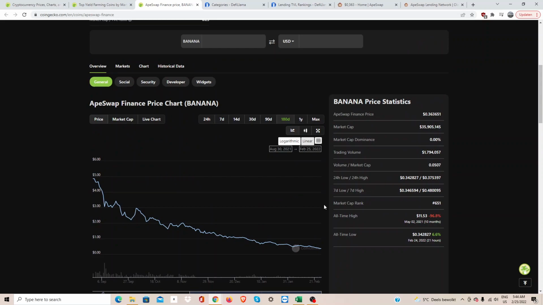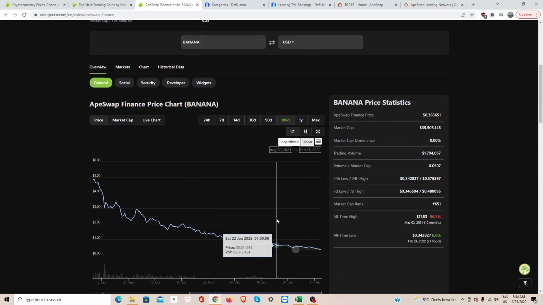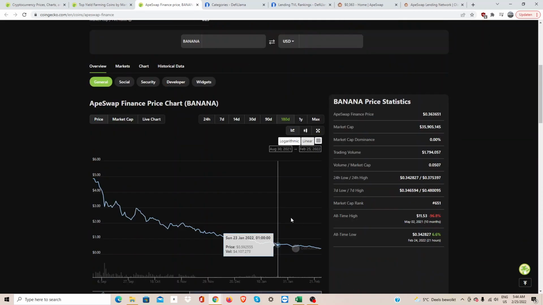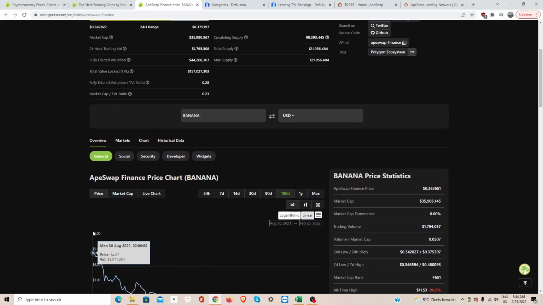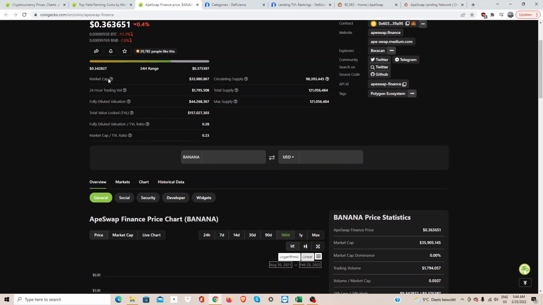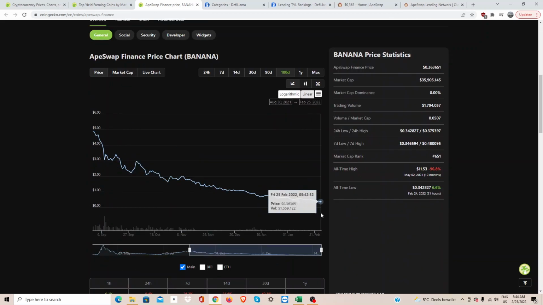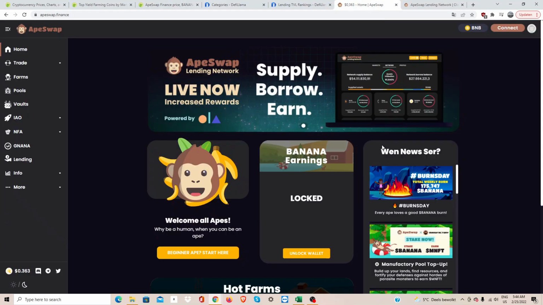And this looks like a pretty good short, I would say. Still, it's already down from almost $5 to 36 cents, but if it just keeps going down, why not? So I decided to use approximately $100, just to test out if the shorting strategy really works.